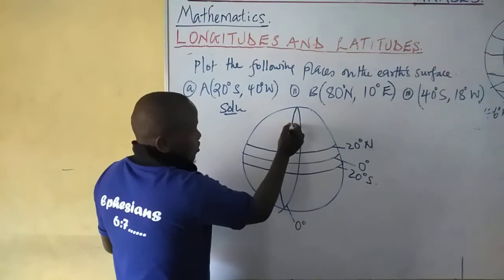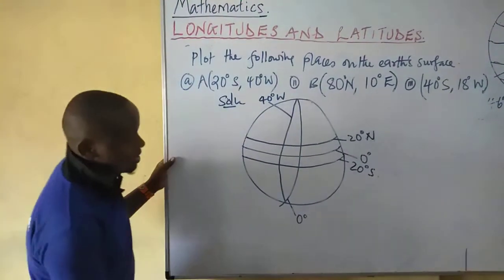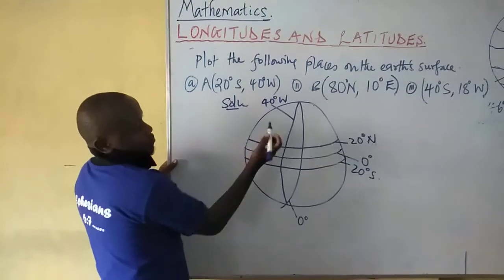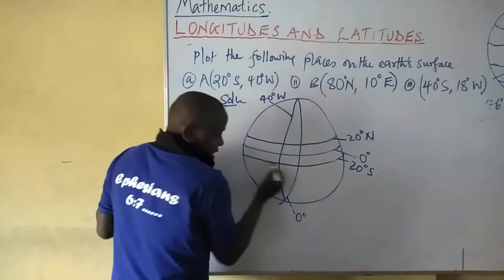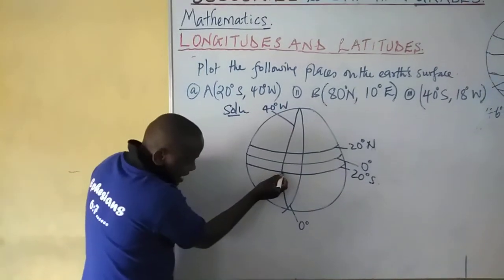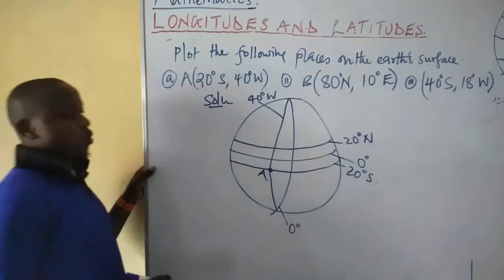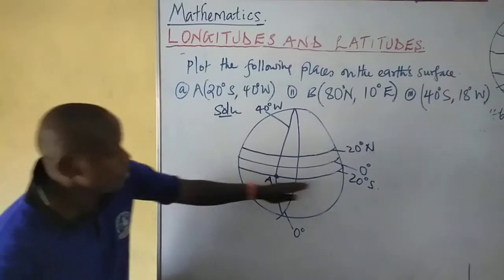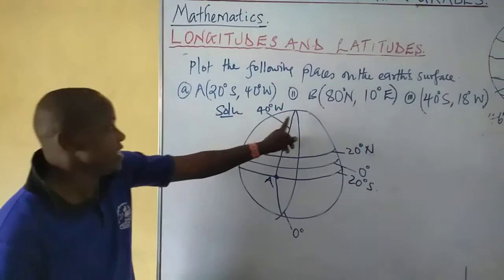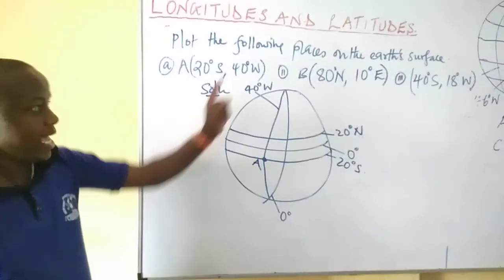You can say this is 40 degrees in the west, like that. So now you check where 20 degrees south and 40 degrees west have intersected. And that is where town A is. That is our town A.